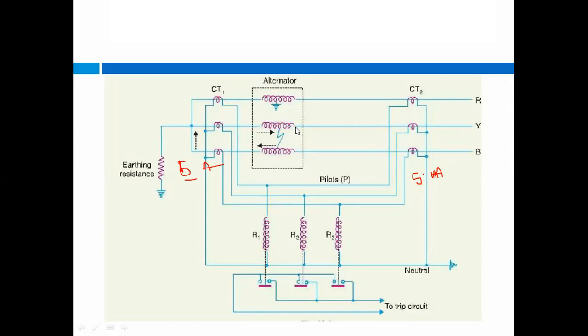When we are using transformers, their primary and secondary voltages are different, but when we are considering the generators, we are using the same voltage, right?